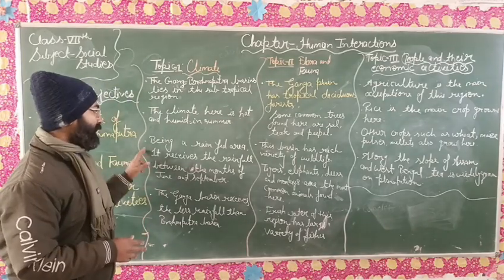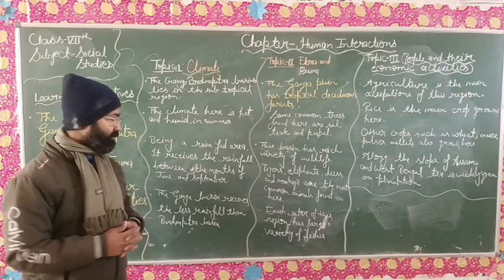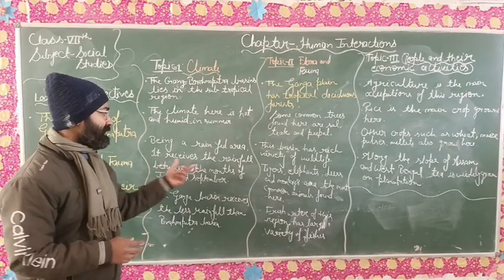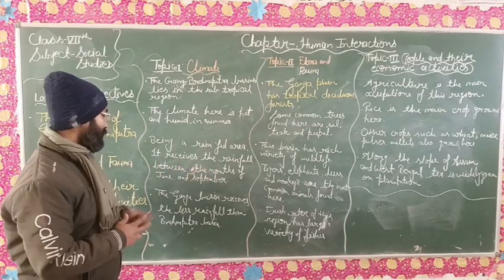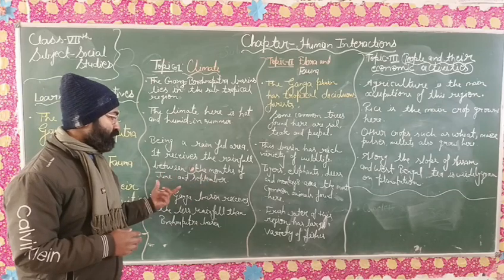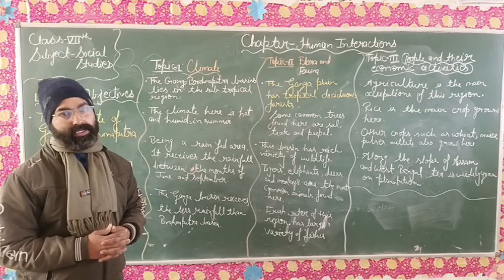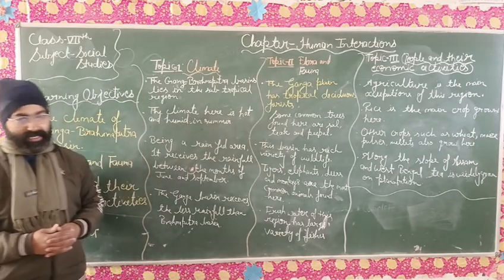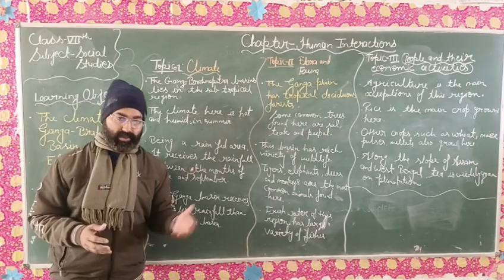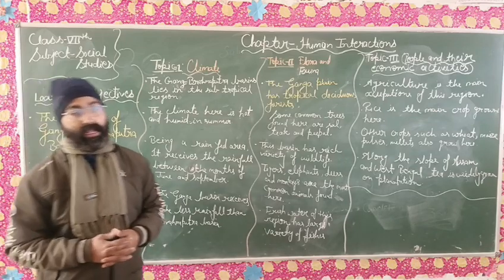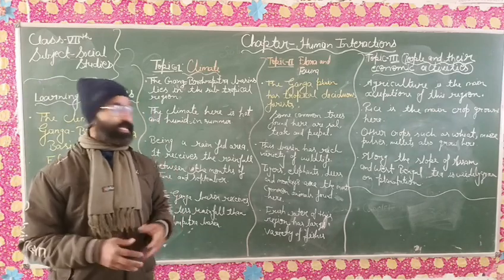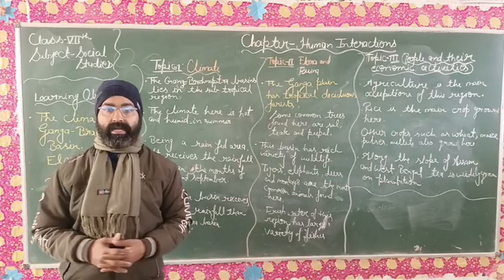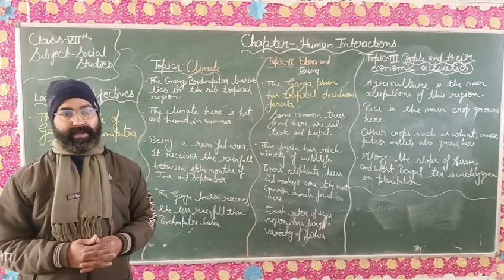Being a rain-filled area, it receives rainfall between the months of June and September. Students, as we know, in northern India also, in our region, the monsoons come during June to September.